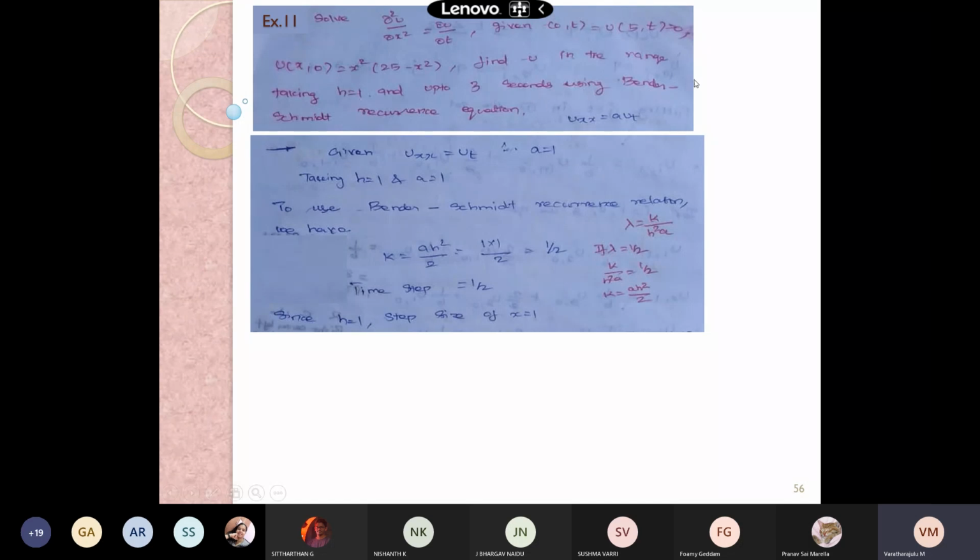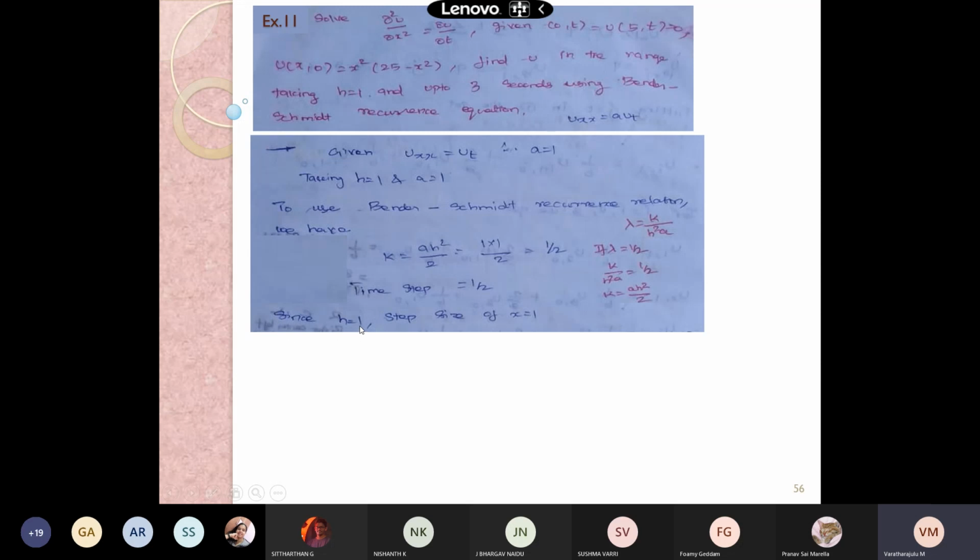Here the given problem itself is detailing to find the results with the aid of Bender-Schmidt, so we don't have any other option. We need to keep lambda as 1 by 2. While keeping lambda as 1 by 2, we need to recalculate the value of t. That is what we did. We have calculated the time step, that is the interval in the t-axis.